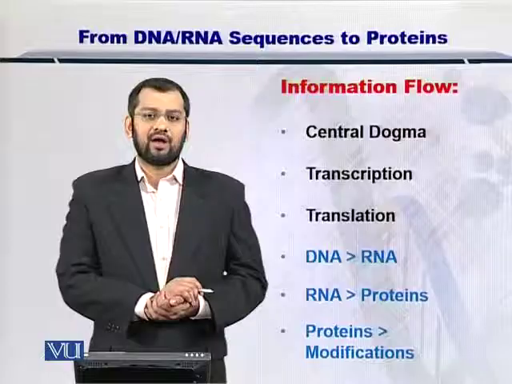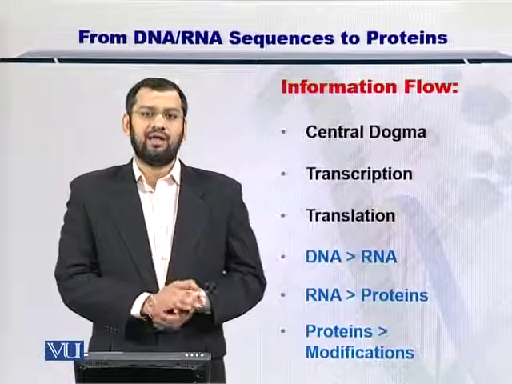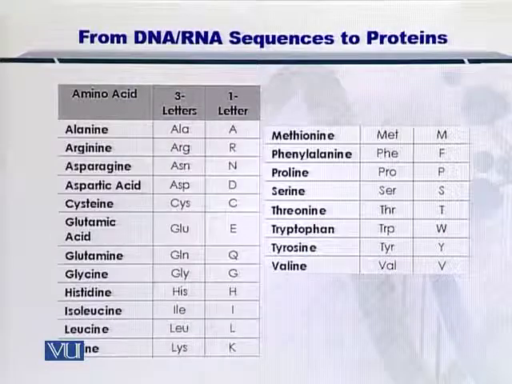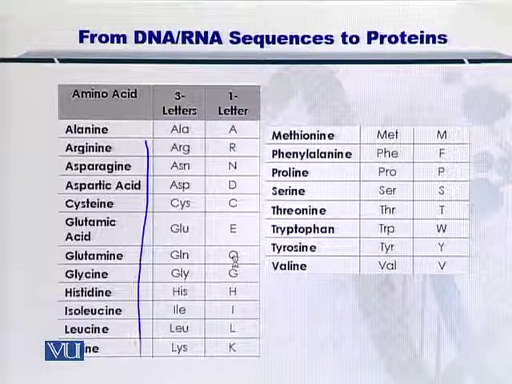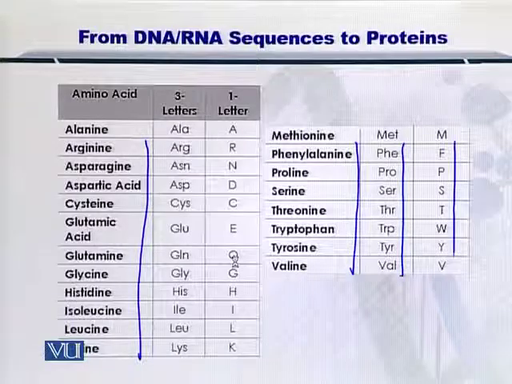Let's take a look at how this encoding process from the DNA to the RNA and then onto the proteins takes place. As you can see in this table, there are about 20 different types of amino acids that are listed by their names, by their acronyms, and by their symbols.